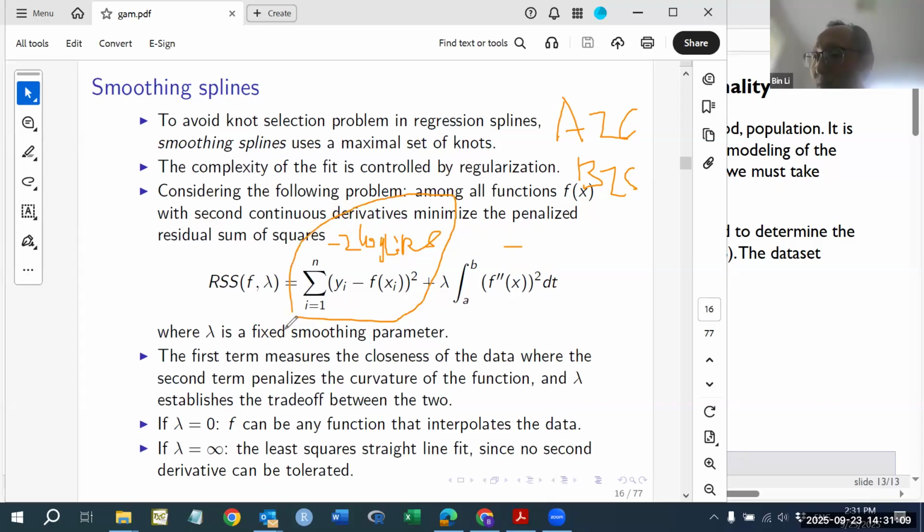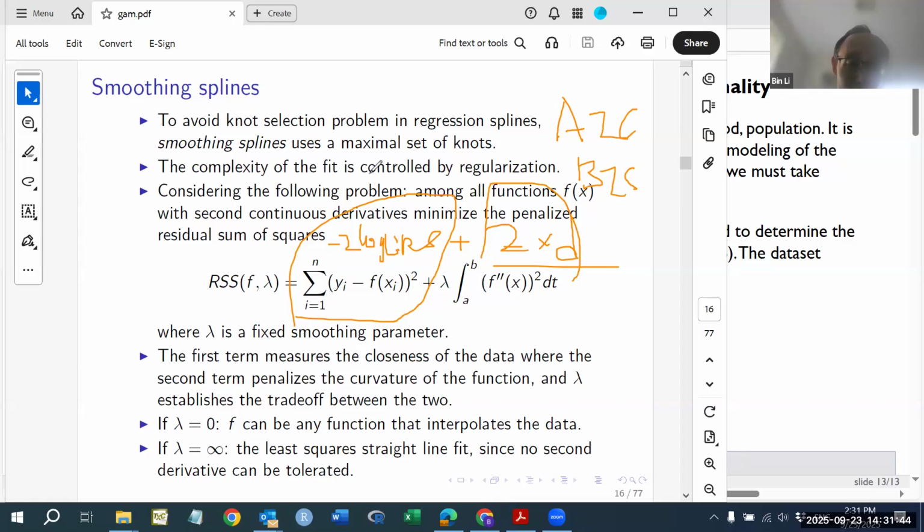If the model fits the data very well, the first term will be small. If the model fits the data very poorly, the first term will be large. Plus, what is the second term in the AIC, BIC? We have a penalty term, right? For the AIC, we have 2 times the number of parameters. If we have more parameters in the model, of course, we have more penalty.